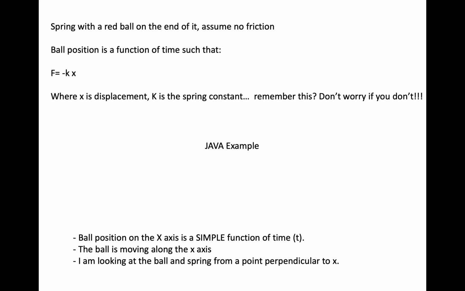So we have some sort of ball position. You've loaded the spring with the ball and you pulled it, and now it's going up and down. My ball position is a function of time, because at each time point, it depends on the spring constant and the displacement. And you don't have to remember this. K is the spring constant and everything.